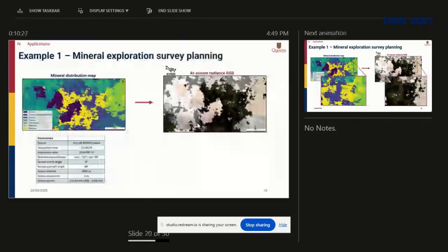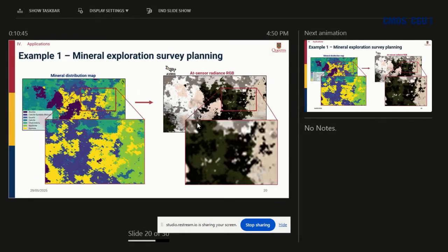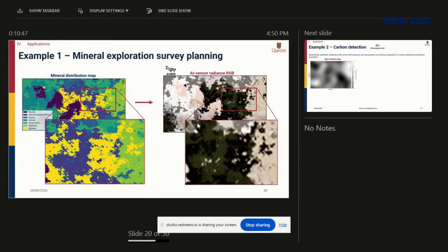I'll go through some examples that you can use HiSimu for. The first one is for mineral exploration. Here we have the ground truth, and here we have some of the parameters that go into HiSimu. And here is the RGB radiance image. If we zoom into these images, we see that we lose so much detail because it is a remote sensing system.